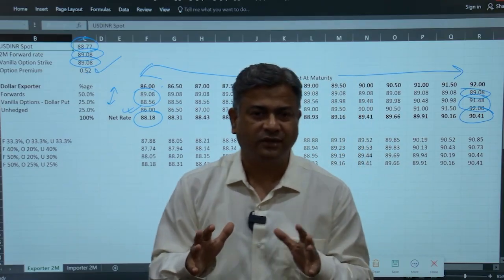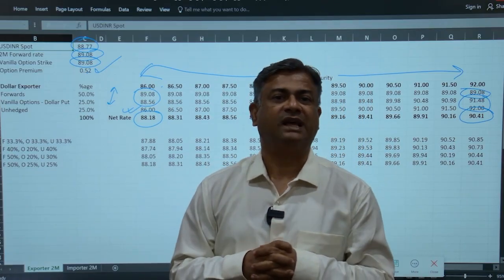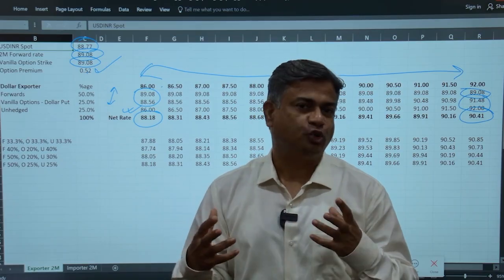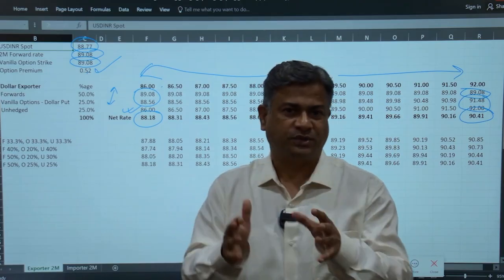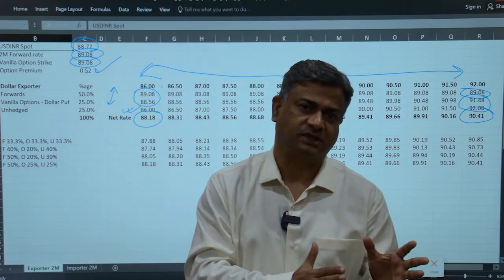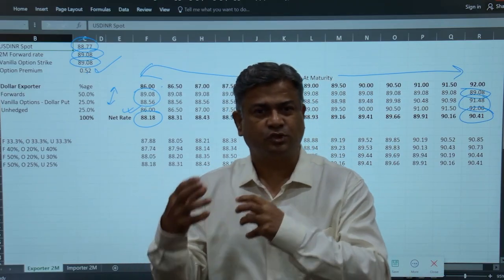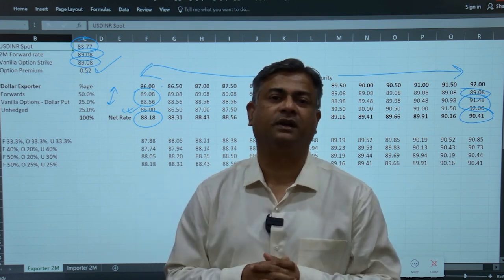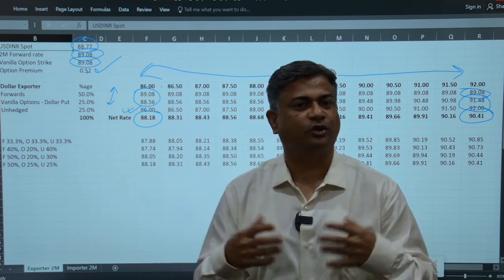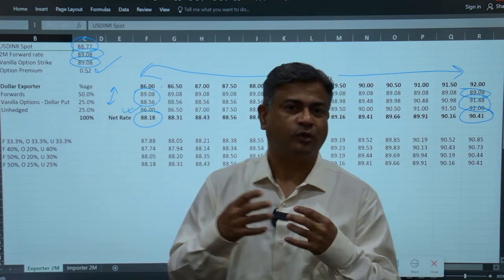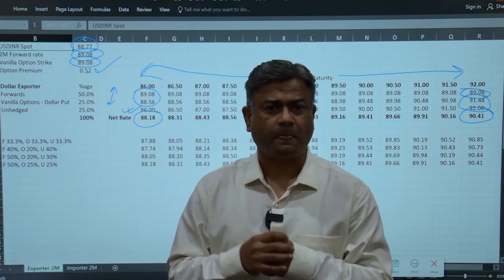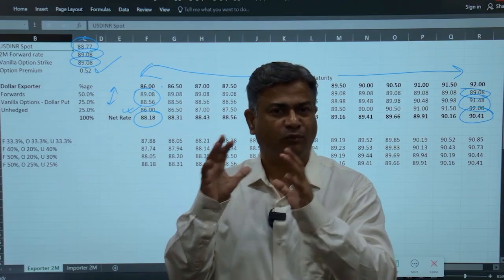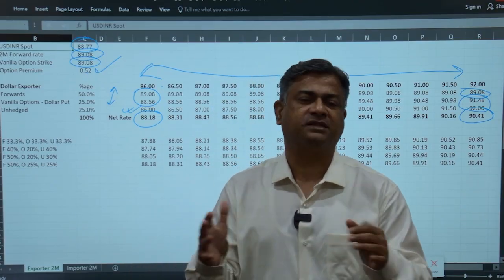So the bottom line for all dollar exporters and importers is to use this kind of a combination of forwards, options and unhedged positions. What percentages to use is completely dependent on your risk appetite, on your risk tolerance. If you want a higher percentage in forwards, that means you will have more fixed prices and less participation.